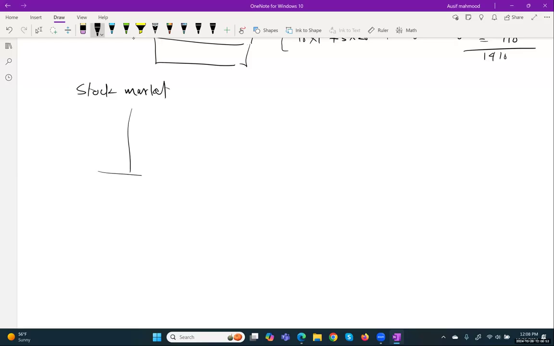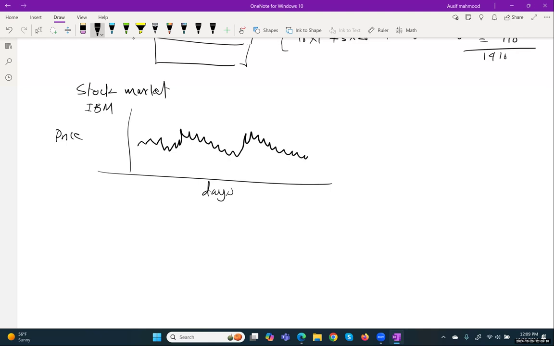For example, let's say the price of IBM stock, where the x-axis is the days and the y-axis is the price. Let's say today the price is 205, tomorrow it changes, every day it goes up and down.